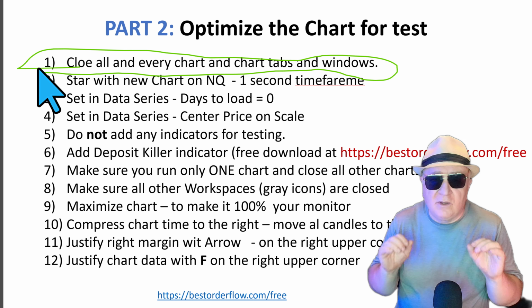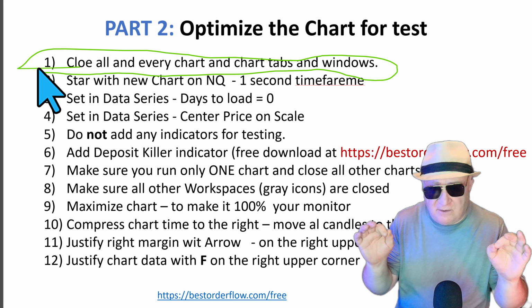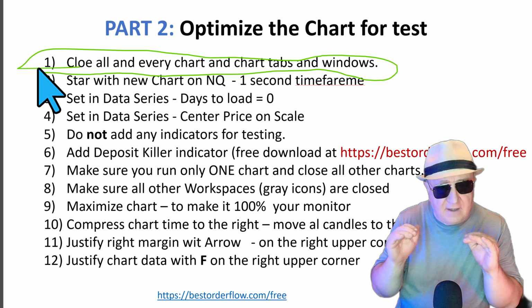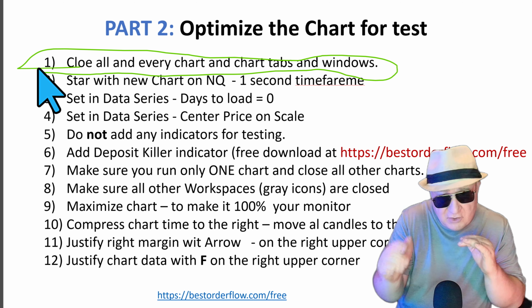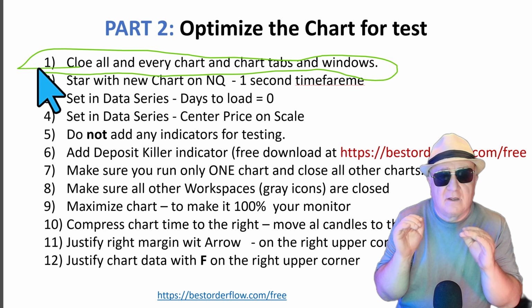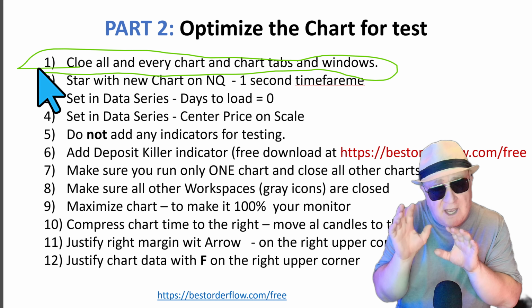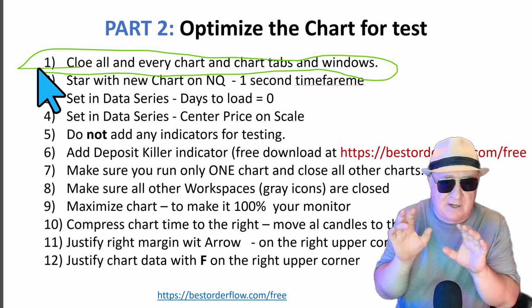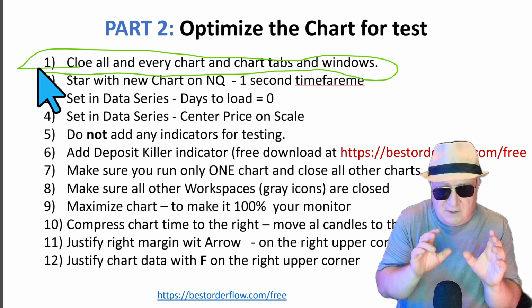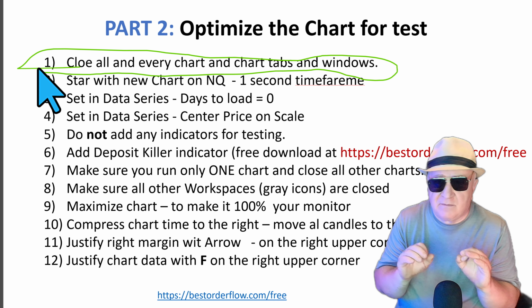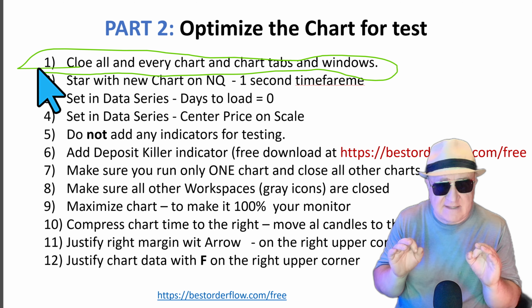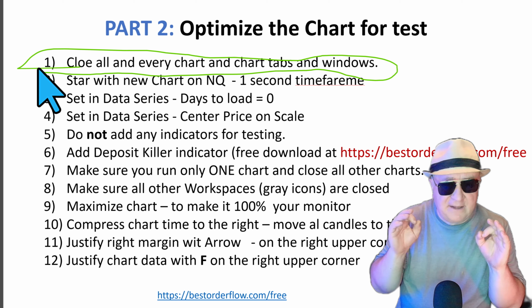This way, you will get the best testing results, and you will understand how that particular indicator will perform for you when you control it. So it's going to be the best precision and a best laboratory kind of test.